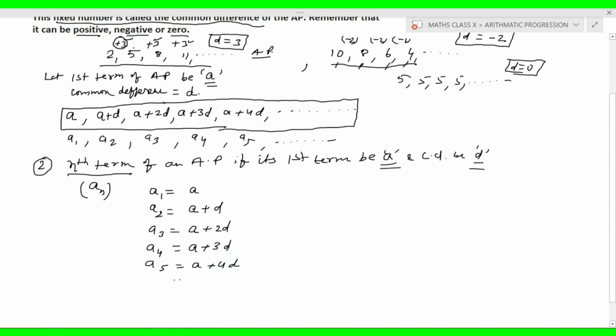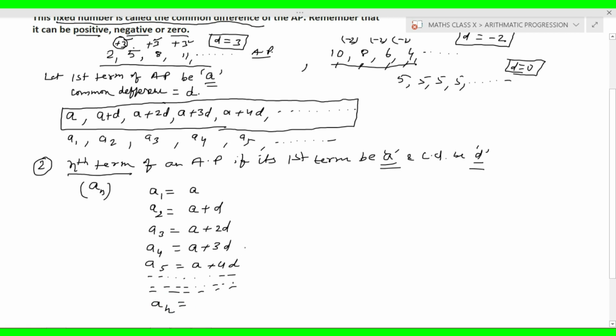Like this we keep on writing the first term, second term, third term, fourth term, fifth term, and suppose we want to find the nth term, An. So first try to arrange all of this in a simple general format.